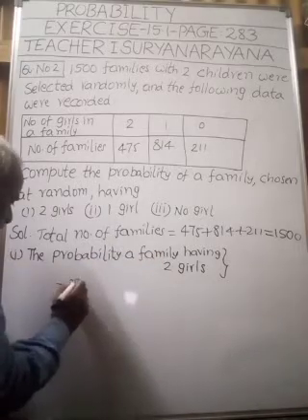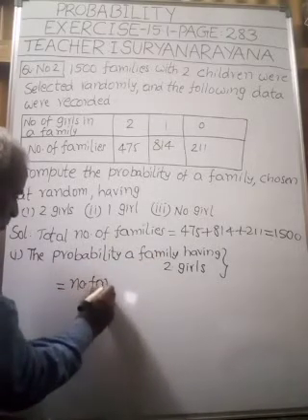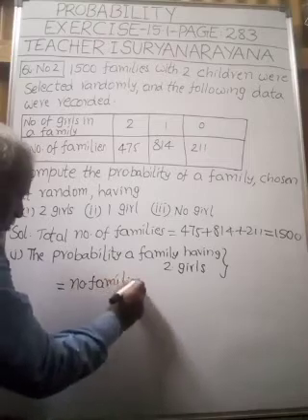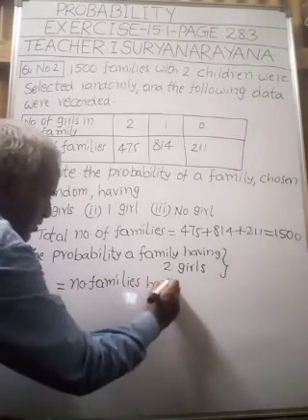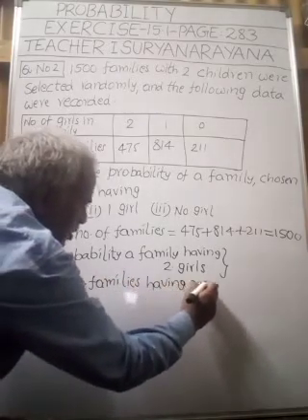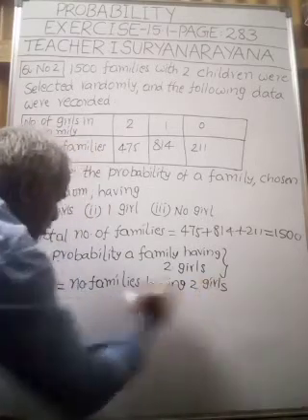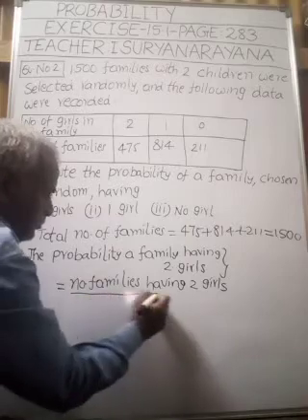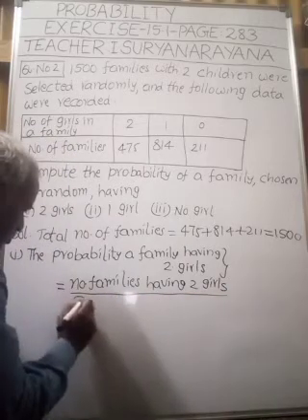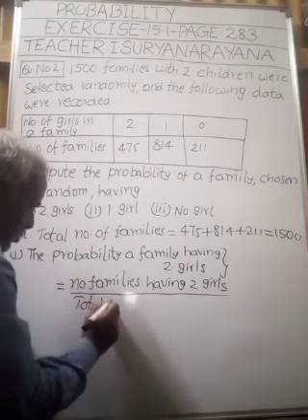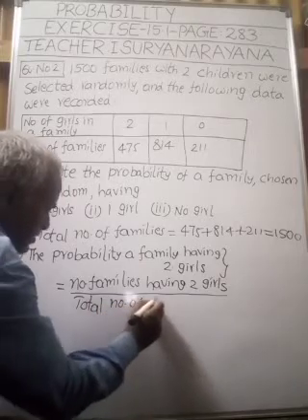Number of families having 2 girls whole divided by total number of families.